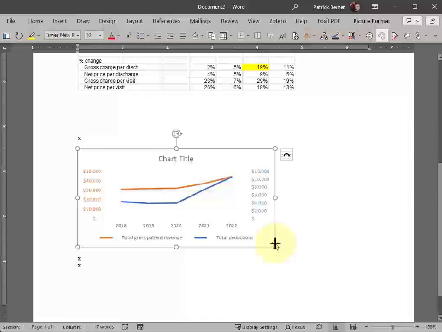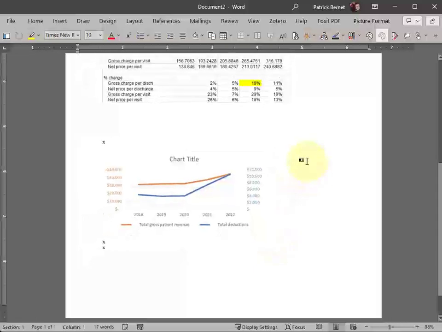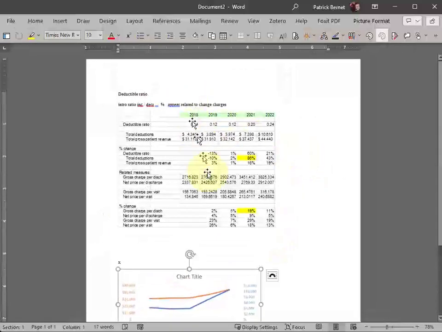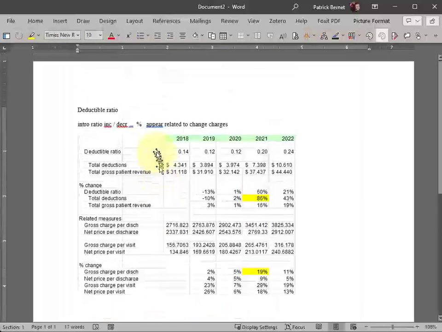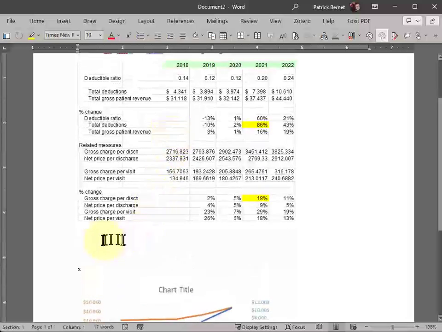Now, if you're looking at the page, remember, I said you don't need many words. You're just describing what you already did. So one of the things that you already described in your document was the intro. The next thing I would talk about is change over time.